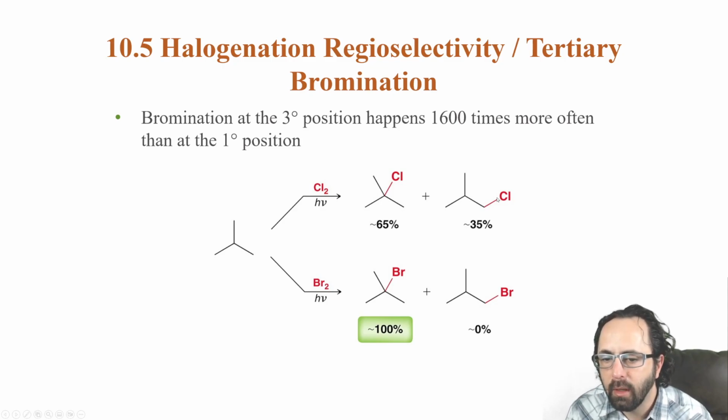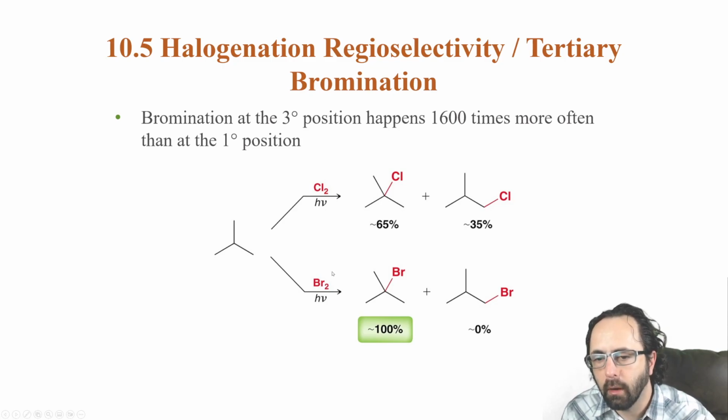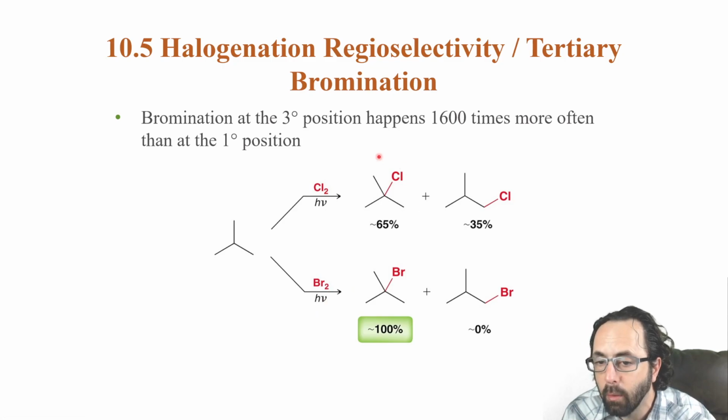One thing to note is that if we want to be selective with our halogenation, we should use Br2, and I'd say it's always probably a good idea to use Br2 because especially if we want to put the halogen in the more substituted position, we really have to use Br2. If we want a mixture of products where the halogen is in the more substituted position and the less substituted position, we would want to use chlorine.